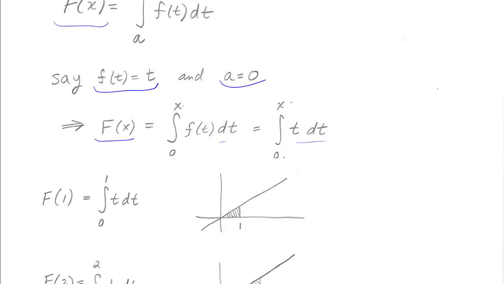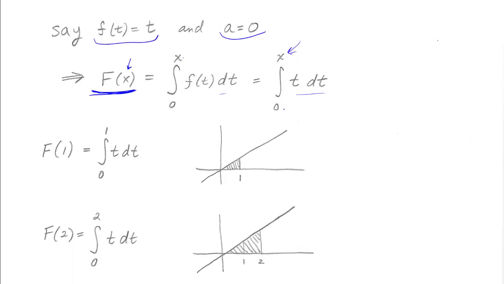Okay, so even though we can work that out, I want to show you what we're really talking about when we do this integral. We're saying that for any x value, the value of this function, capital F of x, is what we would get if we did 0 to that x value as an integral t dt.